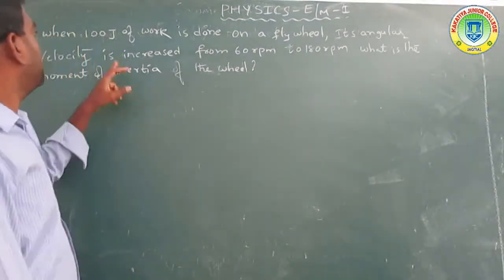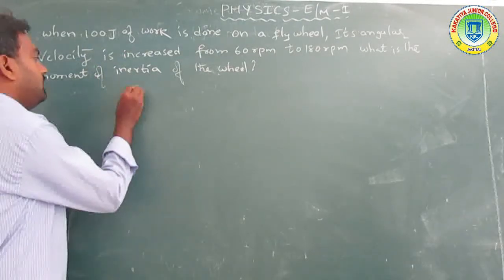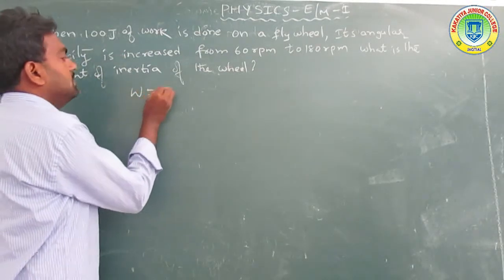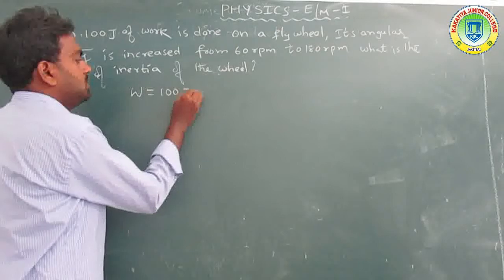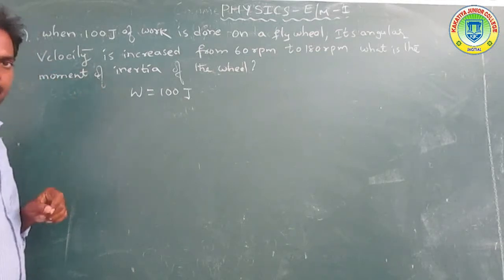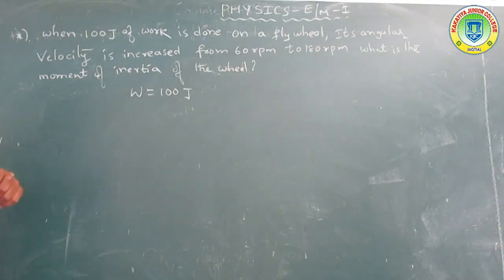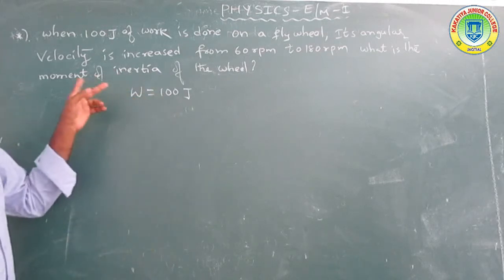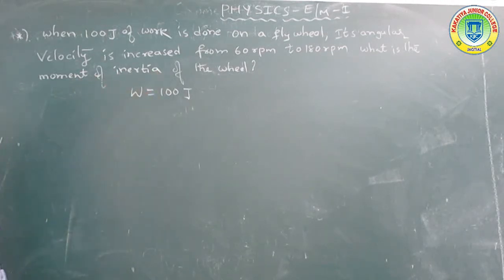Once again, the work done W is equal to 100 joules. The velocity is increased from 60 rpm to 180 rpm. What is the moment of inertia of the wheel?